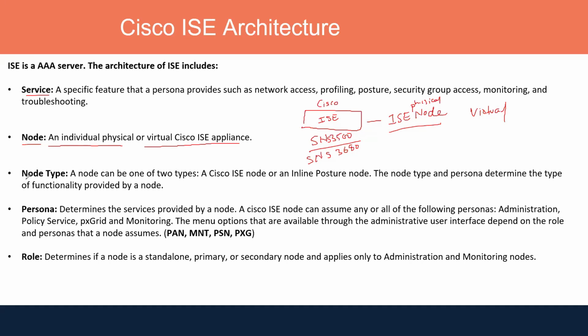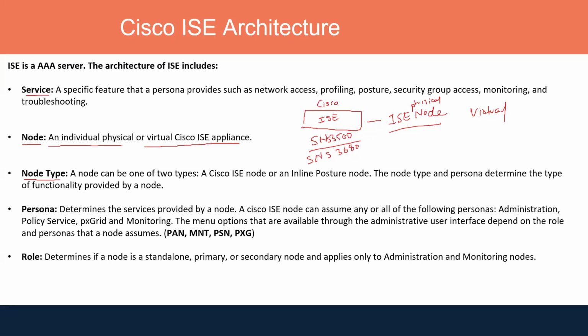Now I would move to the next terminology, which is node type. This shows the deployment model. When I say deployment model, that means how you are going to deploy Cisco ISE over the network. That is called node type.